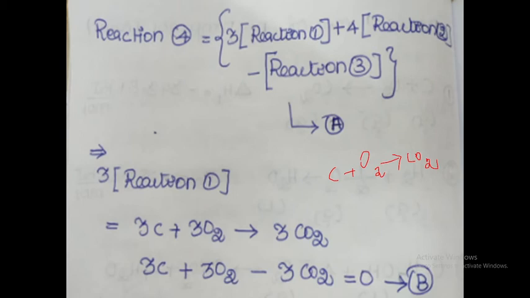C plus O2 gives CO2. This reaction multiplied by 3: 3C plus 3O2 gives 3CO2. 3CO2 comes to this side. Finally we get 3C plus 3O2 minus 3CO2 is equal to 0. This is equation number capital B.